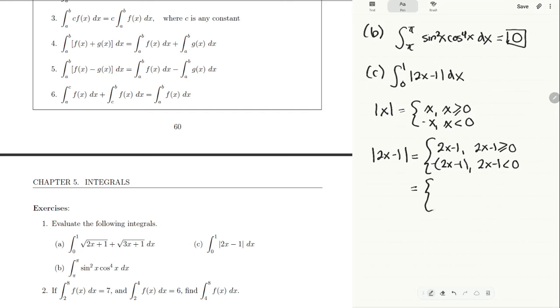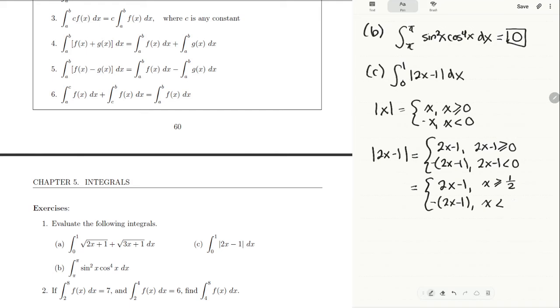So now let's rewrite it so that we can read our domain more easily. So we solve for x in the inequality. We get that the absolute value of 2x minus 1 is 2x minus 1 when x is greater than or equal to 1/2, and it's the negative of 2x minus 1 whenever x is less than 1/2.